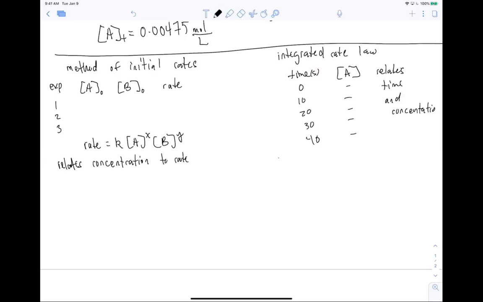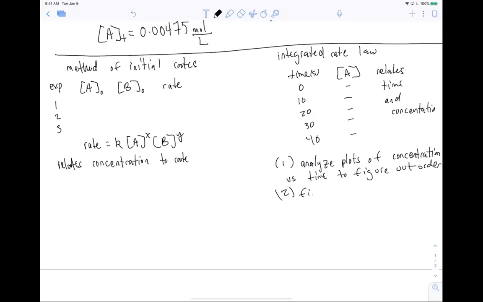So in this one, step 1 would be to analyze the plot, analyze plots of concentration versus time to figure out the order. And then step 2 is find the rate constant. We'll just call it K, find K.